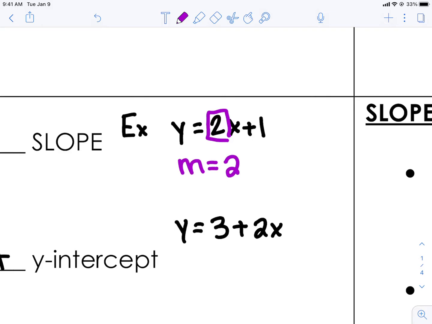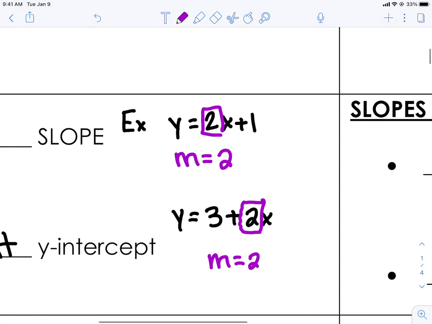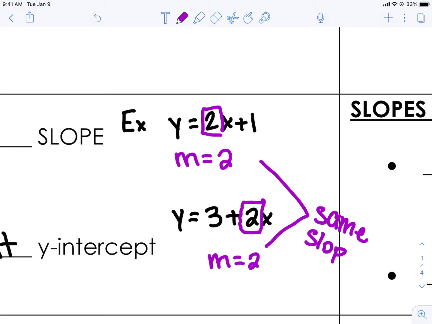If I look at the second one, again, my slope is the number in front of the x, which is also 2. So if I were to graph these two lines, they would be parallel. They would never intersect. And just by looking at the equation, we're seeing that they have the same slope. That tells us that. Okay, and also notice they have different y-intercepts.